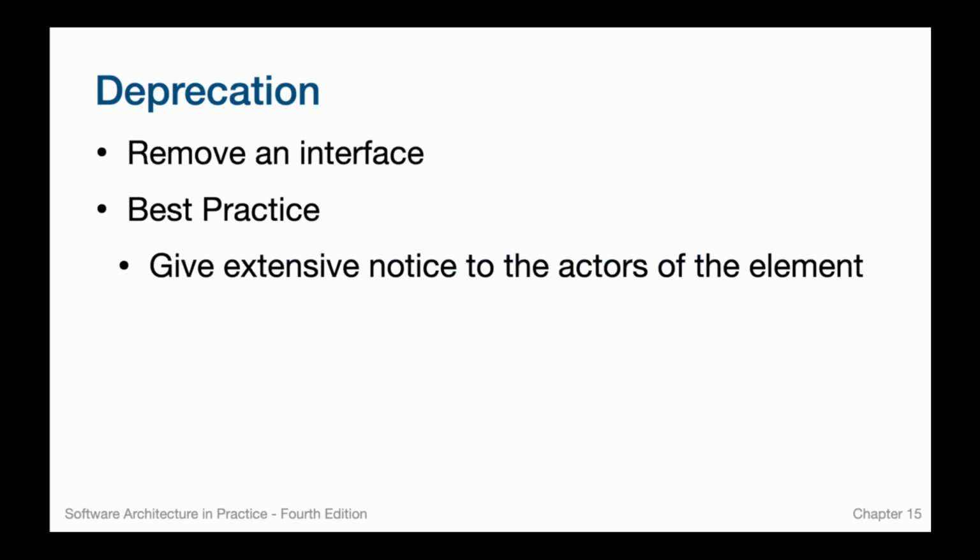So let's talk about deprecation first. Deprecation means we remove an interface, we take it away. The best practice when you're deprecating is to give lots of notice to the actors of the element. You maybe have worked with code that when you use a dependency, you install a new dependency through import or something like that.